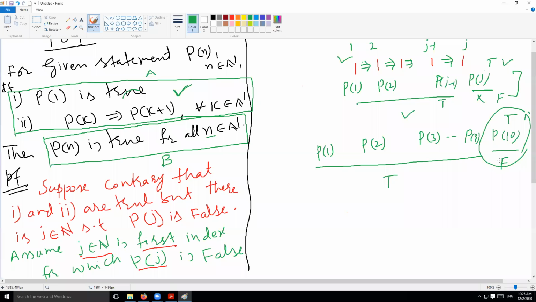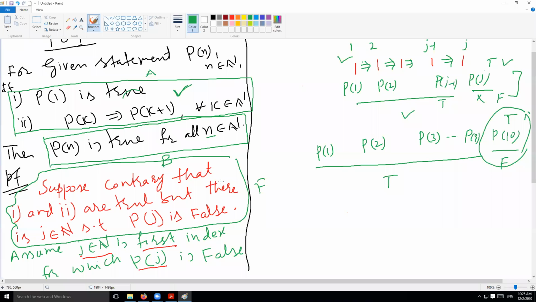This contradiction is coming because you have assumed something entirely false. This contrary assumption is false, because it is taking you to a contradiction.